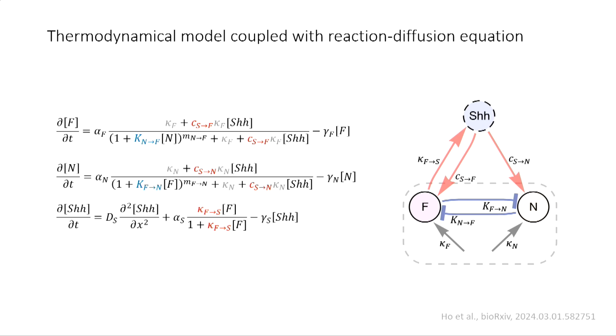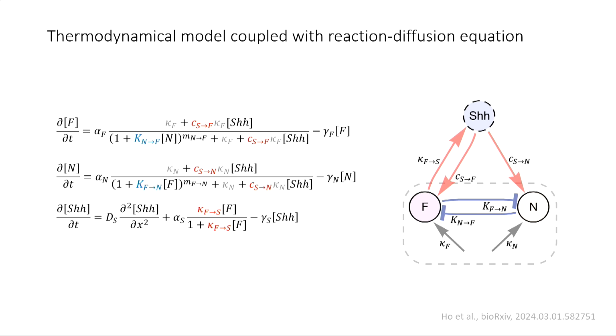If you would have just this, and that's what we had in the spinal cord previously, there's no direct influence; this would be like an input. There's nothing that regulates Sonic hedgehog.